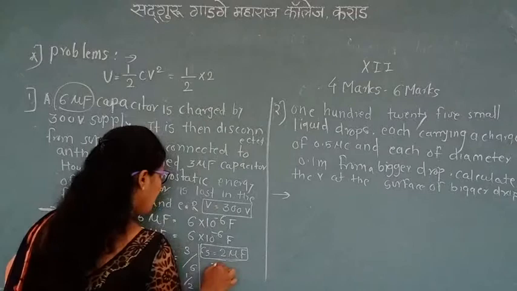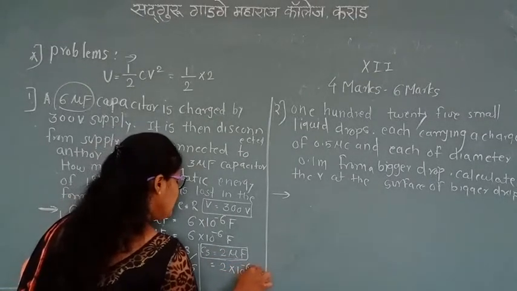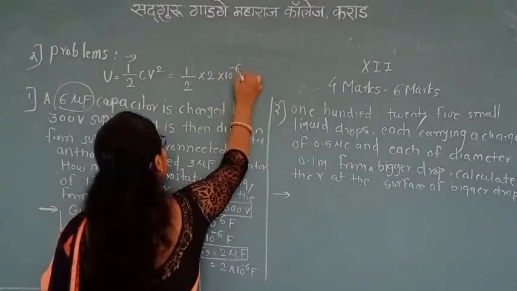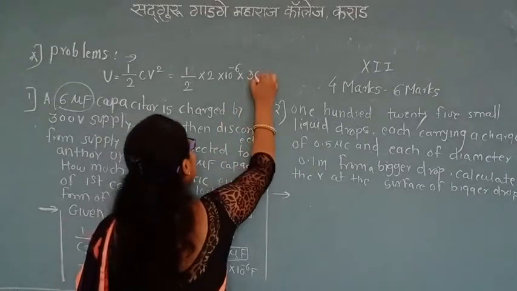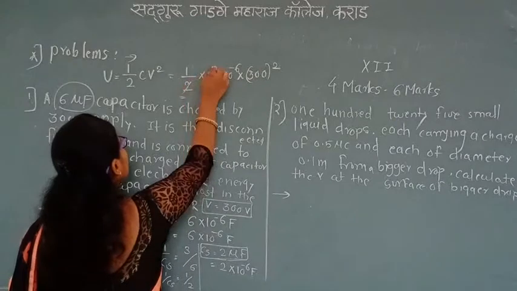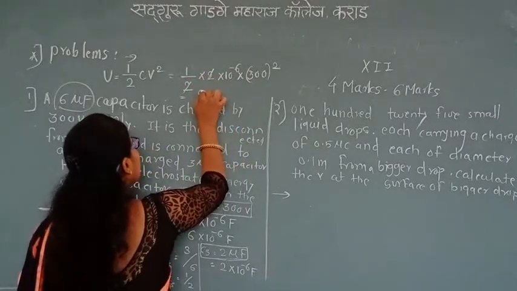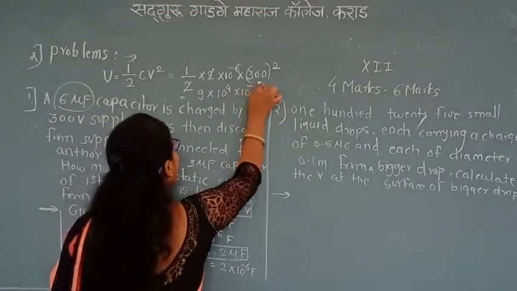We have to convert microfarad into Farad: 2 into 10 raised to minus 6 Farad. Now 2 into 10 raised to minus 6 into V, which is 300, in bracket square. The 2 cancels. Here 300 square we get 9 into 10 raised to 4, into 10 raised to minus 6.